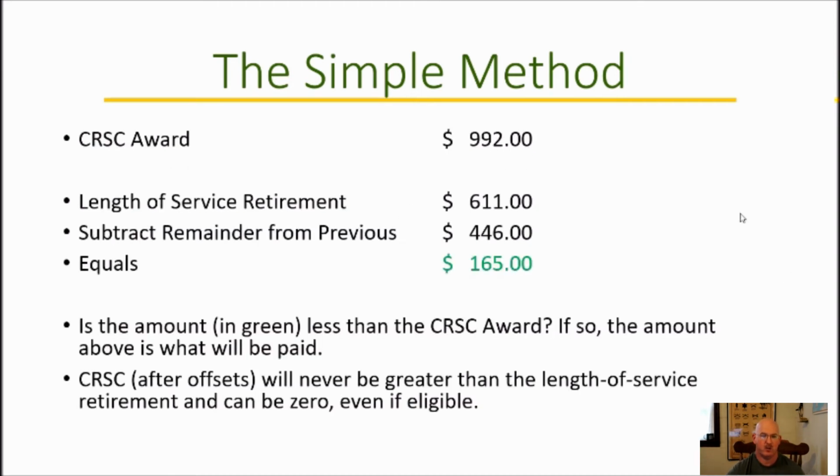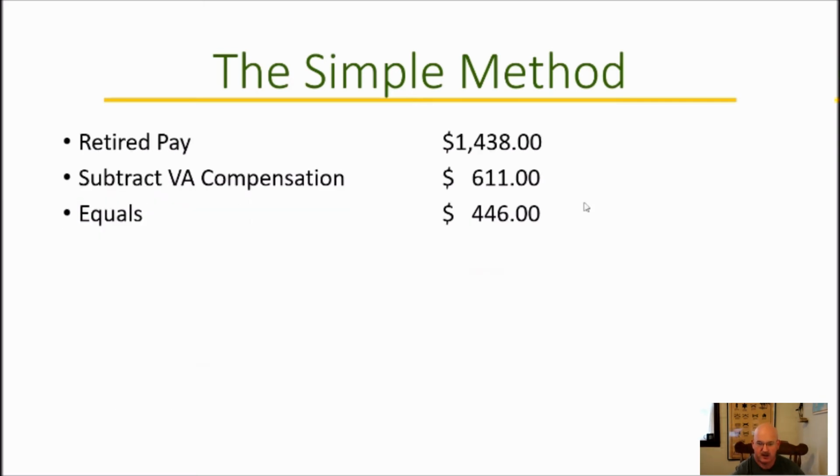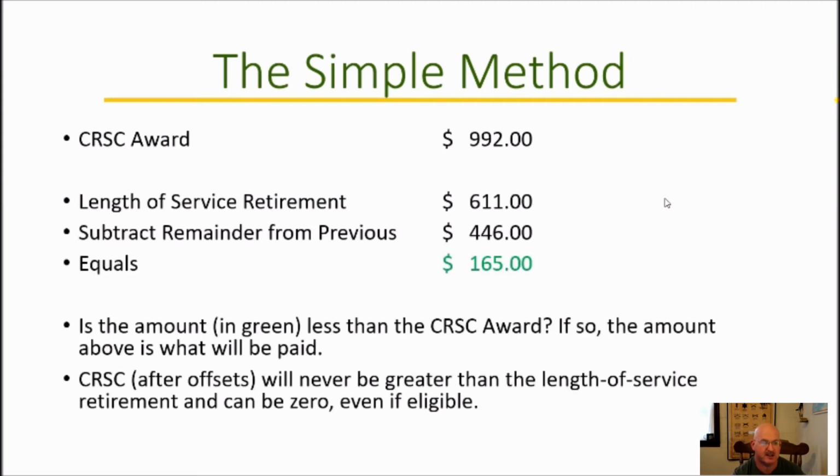So anyway, we go to the next slide. Let me explain it for the podcast guys. We have retired pay of $1438, subtract 992. That leaves a remainder of 446. Remember 446 for about 60 seconds.